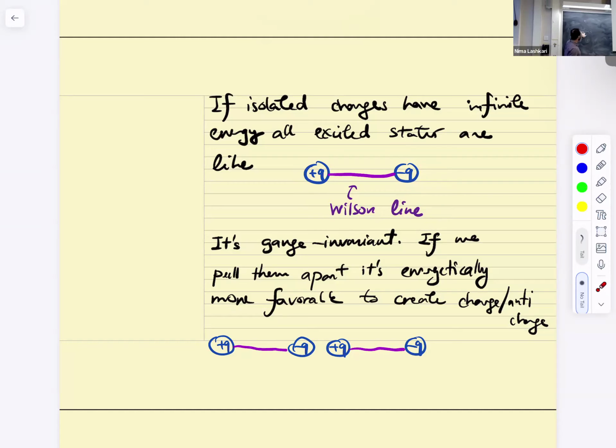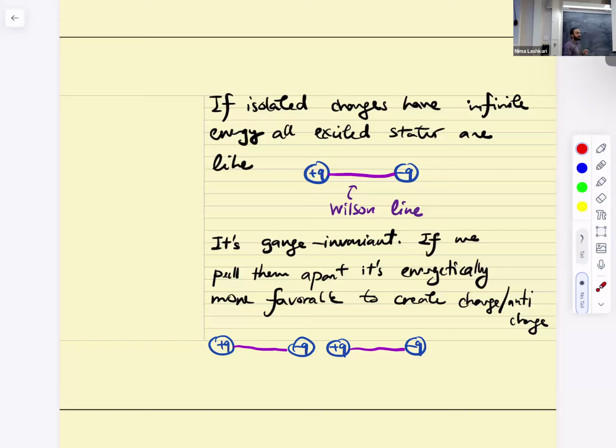The fact that this should be finite energy and this configuration should be... it's tempting to say, let's take this and separate them, just pull them apart until this flux line snaps, right? Then you have separated them and turned them into two separate charge states. That, in confining theories, requires infinite energy. Actually, said a little bit more carefully, I don't even have to say infinite energy.